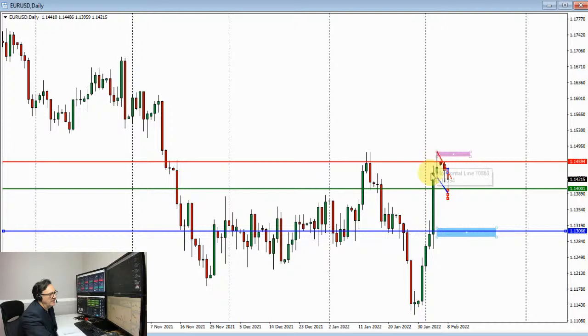This was all triggered by European Central Bank, Christine Lagarde's press conference, subsequently an increase in inflation levels in Europe, and a firm belief by many market participants that the European Central Bank will have to start hiking interest rates at some point throughout this year, and this was the surprise for the market. So therefore euro reacted to the upside.